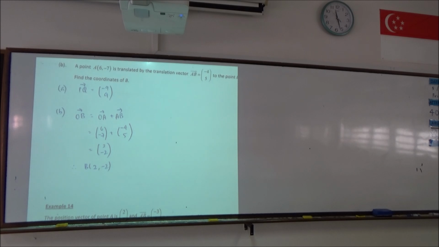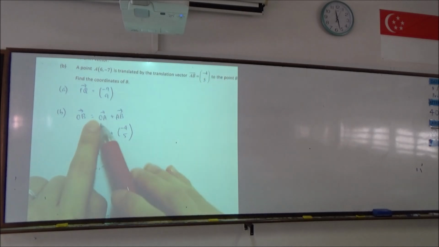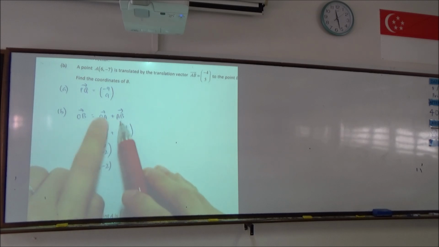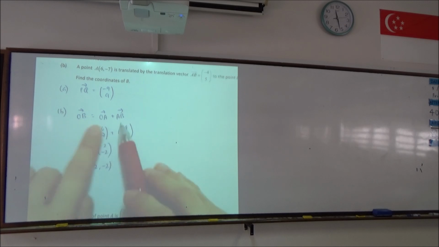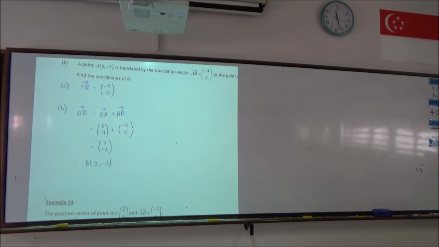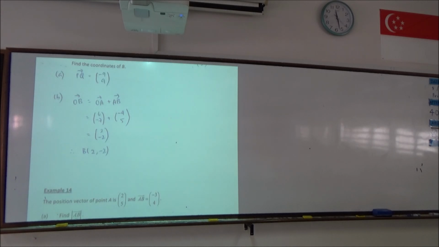Otherwise, what would you recommend? Minus. Minus? Why would you minus them together? Take note that subtraction doesn't work by taking the first and the last point. It is only by addition, whereby the center point is the same, that we can have the resultant to be OB. So that's why I can only do addition. Very often I will employ addition rather than subtraction.